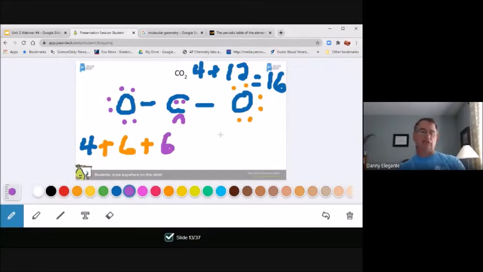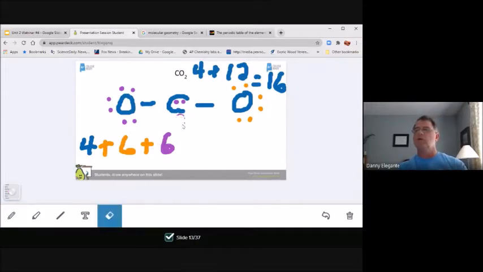I can't just draw electrons on there because I'm out of electrons. So this comes back to that very last step: feel free to move electrons into a double or triple bond if you find that it helps.